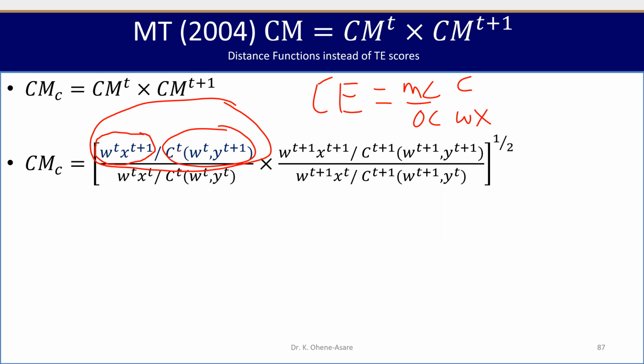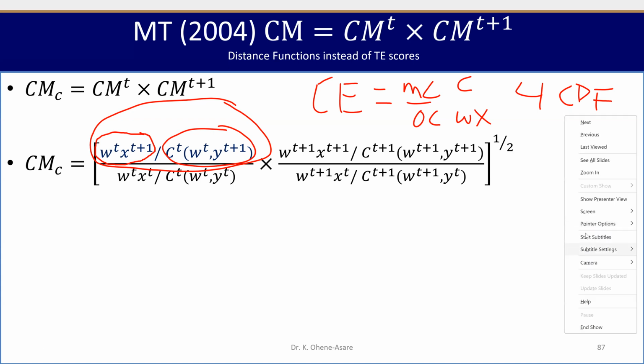Now that you've understood that, let's talk about what it really means. Remember that productivity requires 4 different efficiency scores. So here we require 4 different cost distance functions. If we require 4 different cost distance functions, then we got to know the distance function that is at play here.